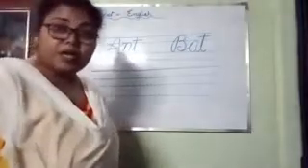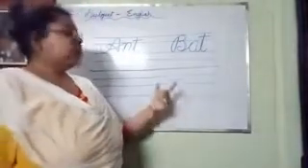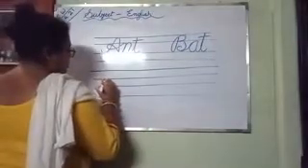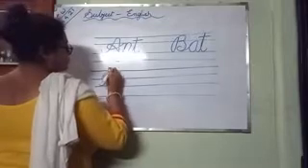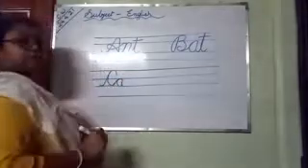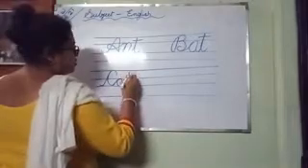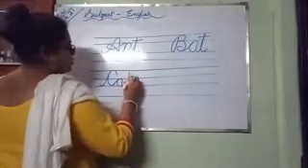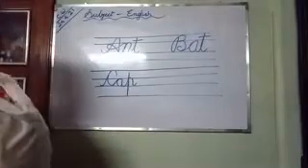Now today you are going to practice new words. C-A-P, cap and B-A-B-Y, baby. You will write C. This is your C. From here only you will write A. And from here, like this, you will write P. C-A-P, cap.